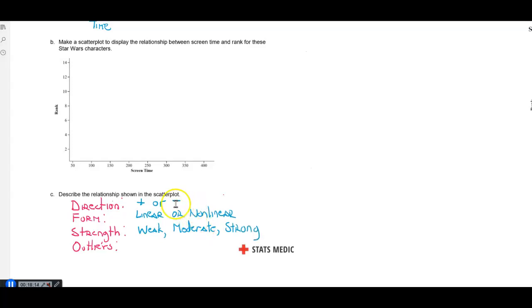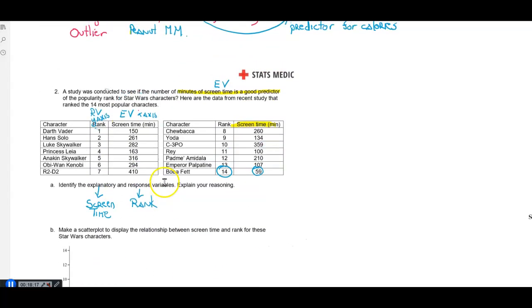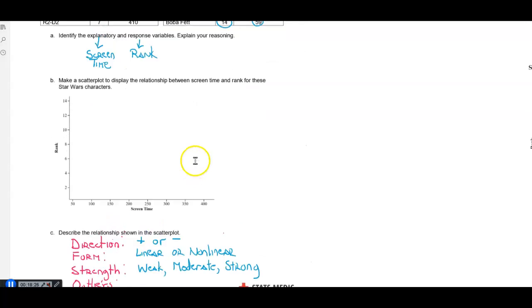Okay, all right, so let's see if the amount of minutes they are on the screen is a good predictor of how popular they are. That's what this is asking.